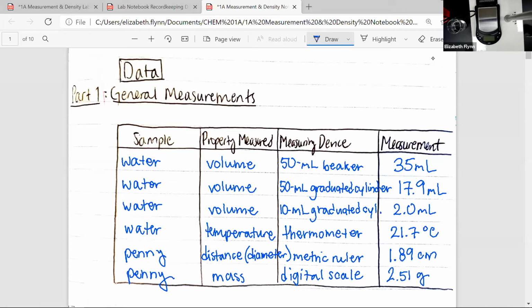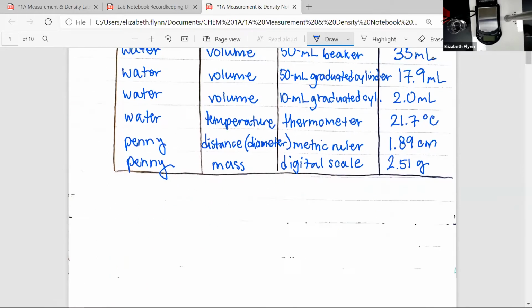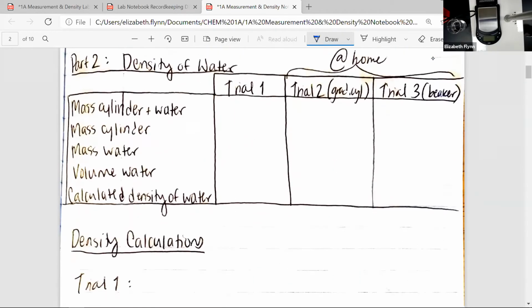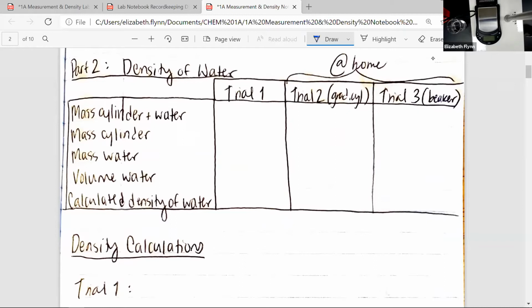All right, so now we're going to continue and move on to part 2. We're going to measure the density of the water. And so who knows what the density of water should be? It should be close to 1 gram per milliliter.